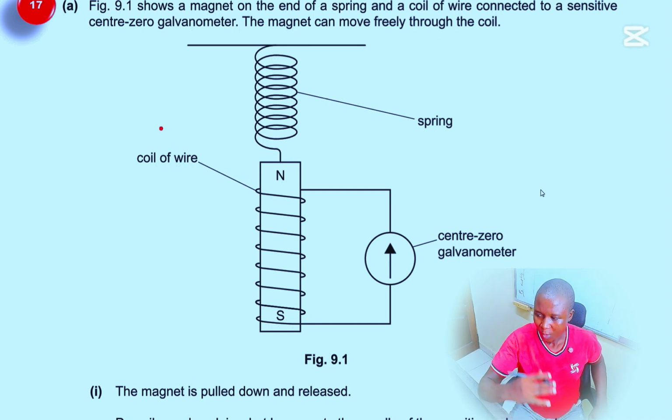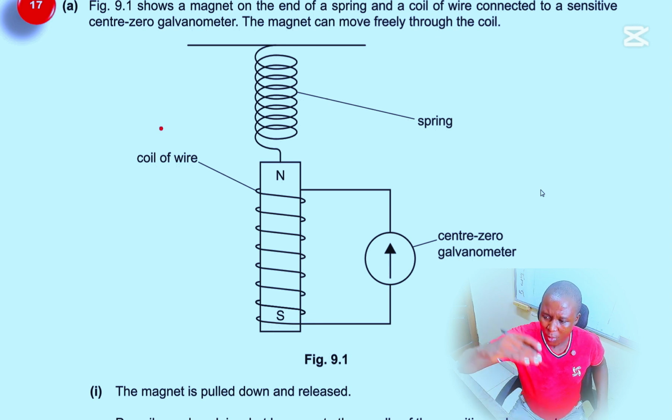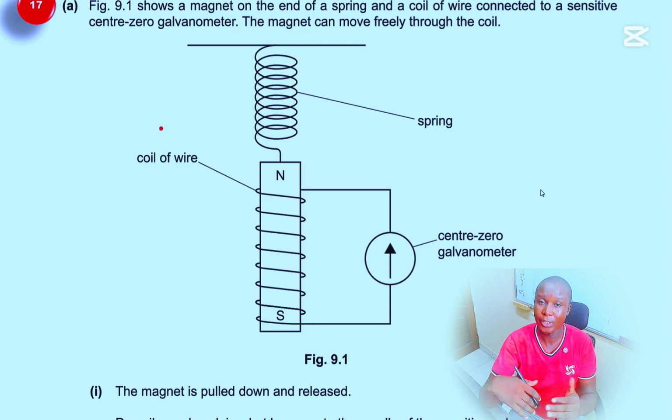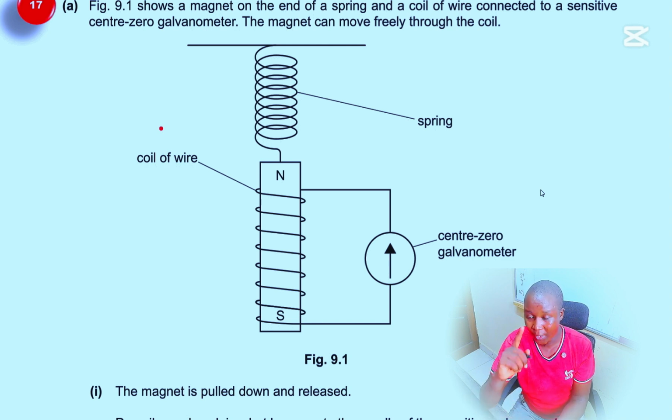So what will happen to the centre-zero galvanometer? When this magnet moves within the coil, the magnetic fields cut across the coil, inducing an EMF. This EMF results in a flow of current. Hence, the galvanometer is going to deflect.